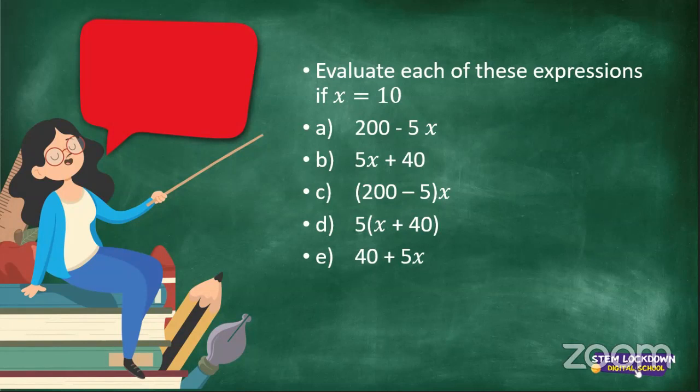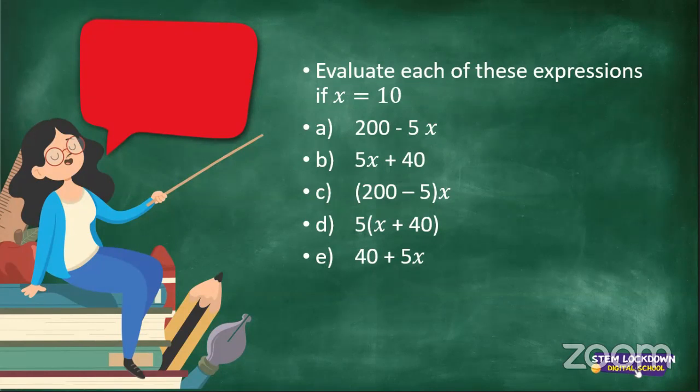So what I did was I said 5 multiplied by 10, sir, because the value of x is 10. So then it gave me 50, and I added 40. Then my answer is 90, sir. So 5 multiplied by 10 is 50. Plus 40 gave you 90.